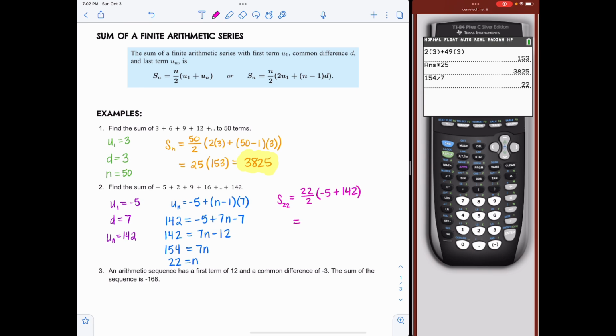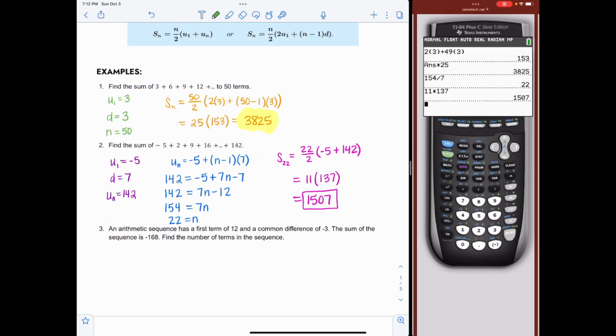So we will end up getting 11 times -5 plus 142 is going to be 137, and 11 times 137 is equal to 1,507.